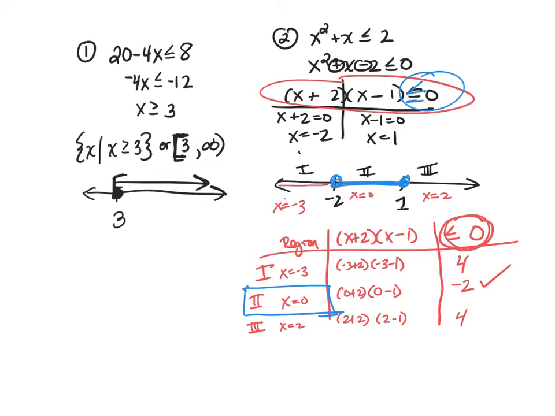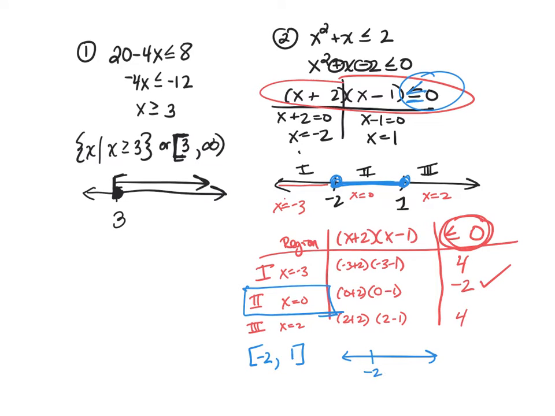So our solution can be written in a few ways. If you're writing it in interval notation, it'll be including those endpoints, so negative 2, 1. If you had to write it as a graph, it would be just like you see up there.